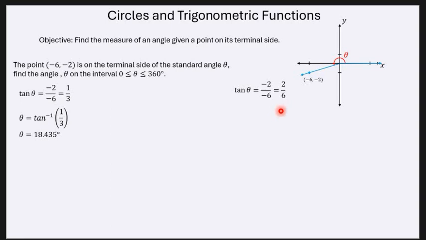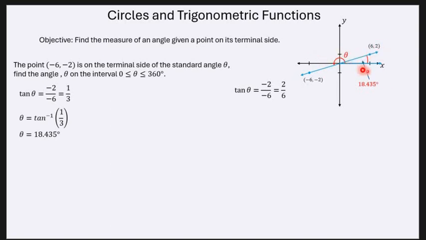So I'm looking for an angle who has the point with x as 6 and y as 2 on its terminal side. That would be this angle right here with 6, 2 on its terminal side. That's the angle that the calculator is giving me, 18.435. But the angle I'm looking for is on a straight line in the third quadrant across from the angle I'm given.